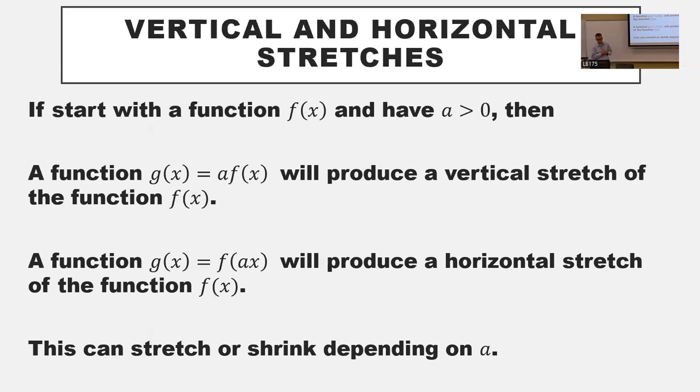But if we have a positive real number, we'll call it A, then multiplying the function's output by A will do a vertical stretch of the function. Multiplying the input by A will do a horizontal stretch of the function.